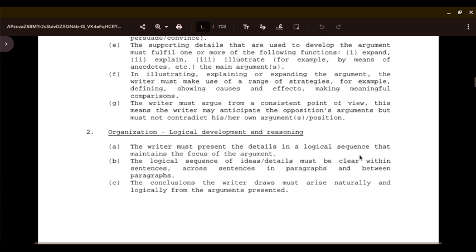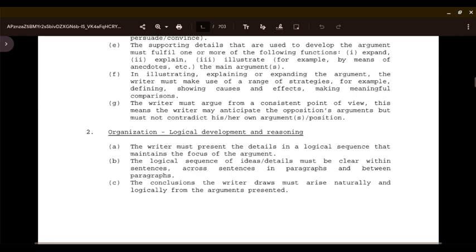You see this word logic, you see this word reasoning. That's what you're using for this question. We're not going with emotions, we're going with logic. You've got to give me reasons. It doesn't mean your reasons can't have an emotional base, but I need reasons.